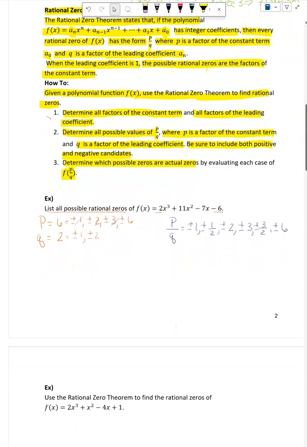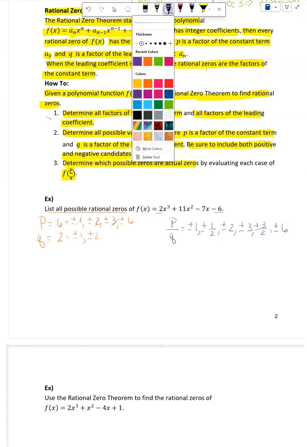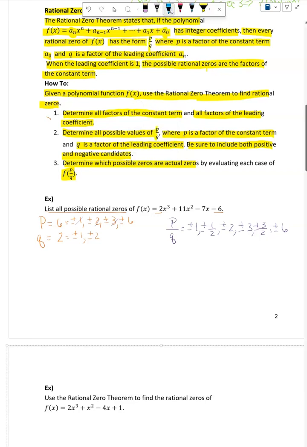So now we start by plugging them all into my f of x. I'm going to have f of negative 1, f of 1, f of negative 1/2, f of 1/2, f of negative 2, and f of 2.